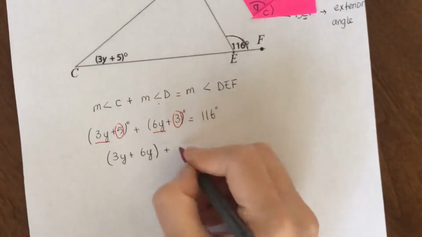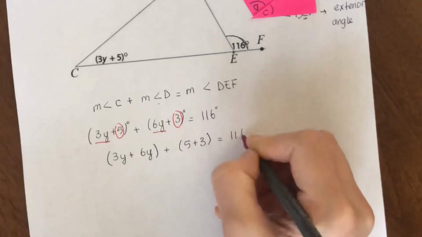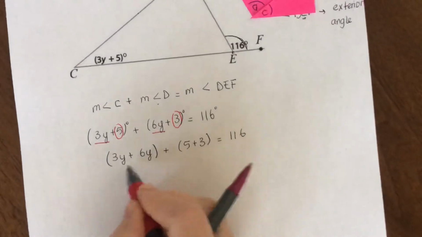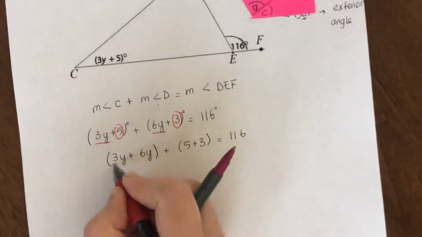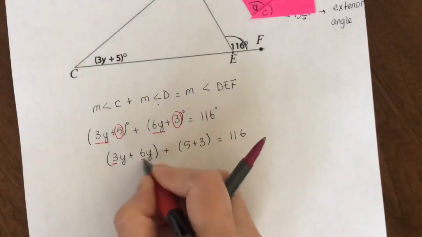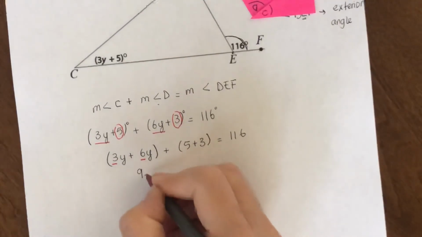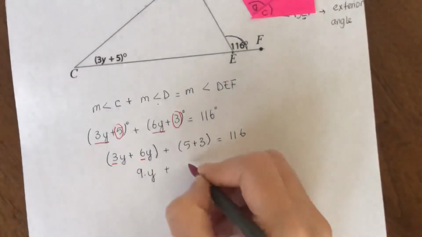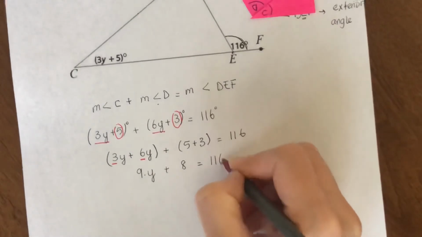So 5 plus 3 equals 116. Now I'm adding the variables. 3 times y plus 6 times y equals 3 plus 6, which is 9 times y, right? Plus 5 plus 3 is 8, equals 116.